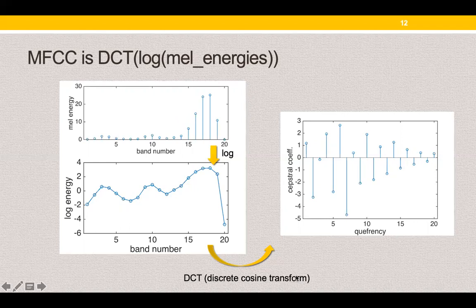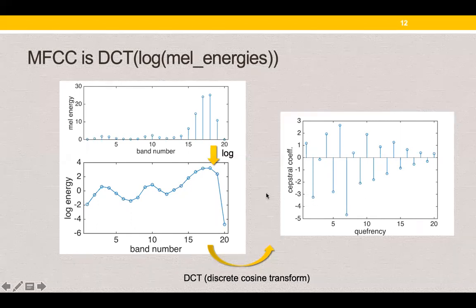The discrete cosine transform is a version of inverse Fourier transform. It's similar to the Fourier transform, and the input has 20 dimensions and the output also has 20 dimensions, in principle.